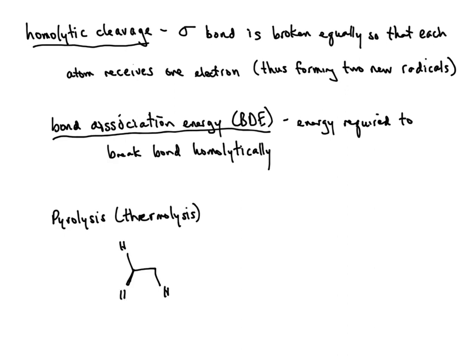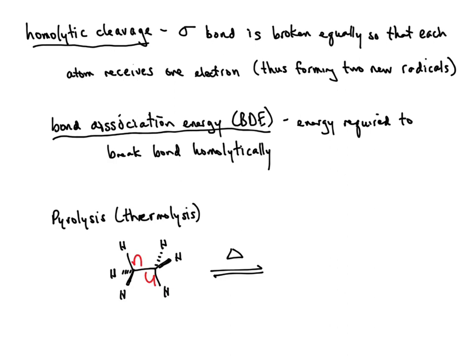And so if we draw ethane in its Hawthorne structure, we can draw the bond dissociation energy, homolytic bond cleavage, by just heating this up. And so for ethane, what happens is you get homolytic bond cleavage.